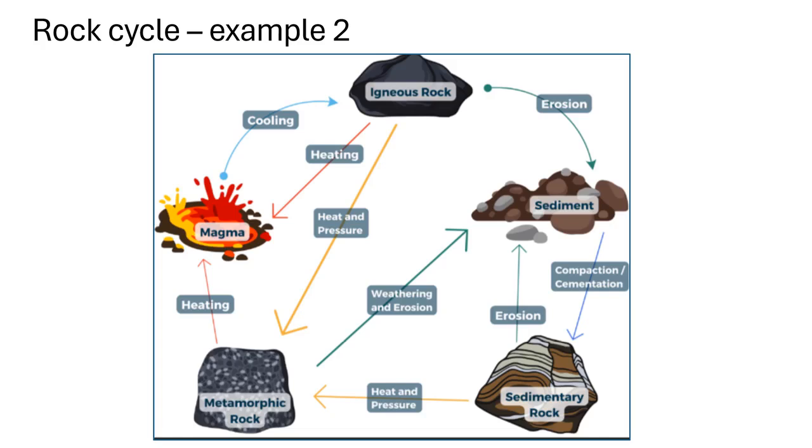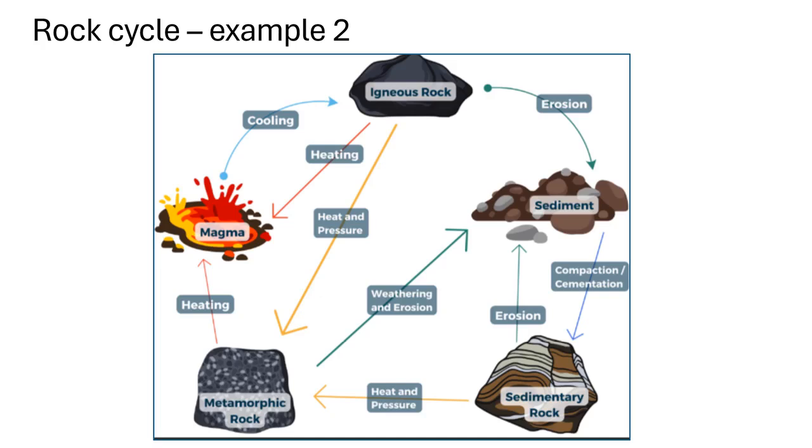When igneous rocks are eroded away and weathered away, they form sediments, as we saw. When those sediments are compacted and cemented together, we form sedimentary rocks. But the sedimentary rocks, again, can be eroded away to form sediments and again compacted. So there's a little sub-cycle that can happen here also.